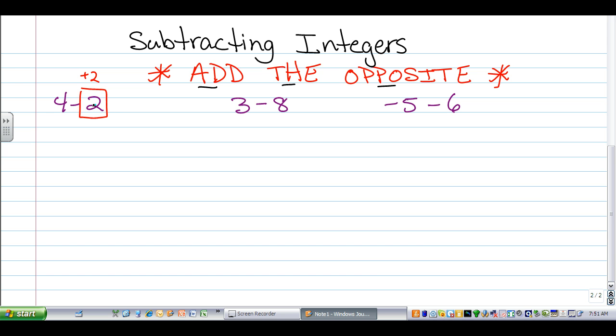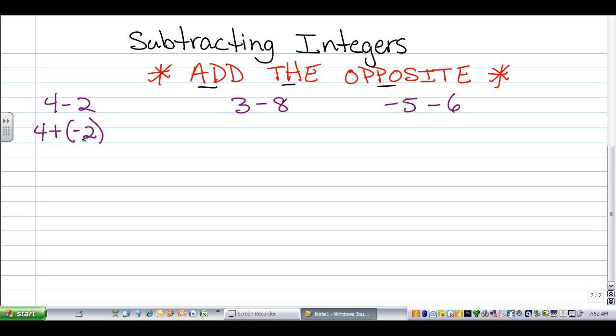So I'm going to change that 4 minus 2. I'll rewrite that, 4 minus 2, and I'm going to change it to adding the opposite. So it's 4 plus a -2. That still means I'm going to be taking 2 away from 4.